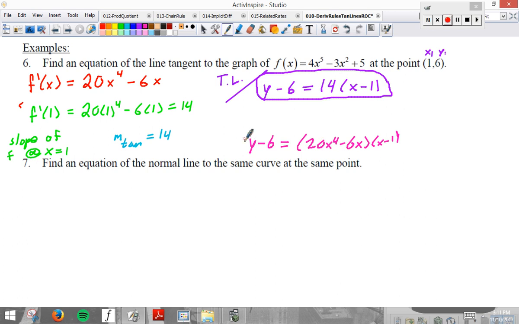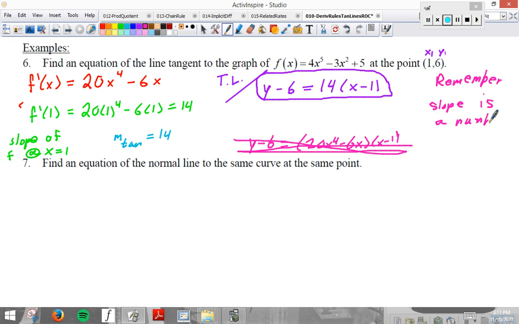Indeed. Bad. Remember, the slope is a number, okay? Don't mistake the formula for that number with the number itself.